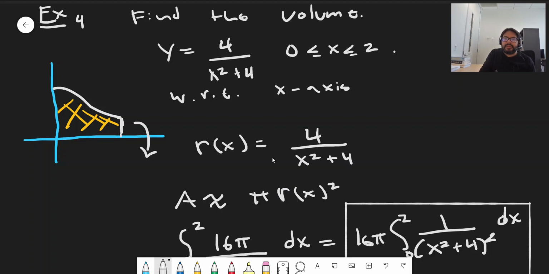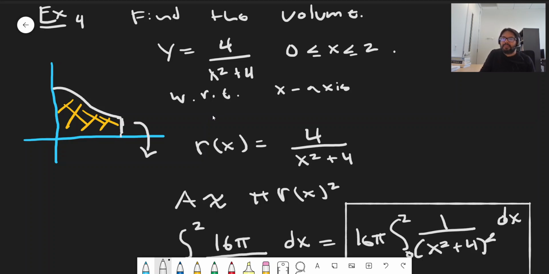Now, there is probably not any other way that we can do this problem because it's with respect to the x-axis. If you try to rewrite it with respect to y, that's going to be very complicated, most likely. So it probably would not be the best idea, because you kind of have no choice.